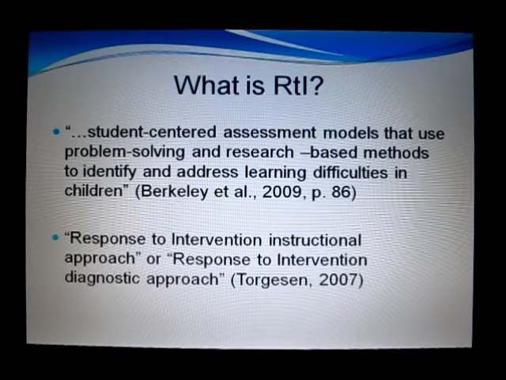He also stated that response to intervention could be viewed from a diagnostic approach, which is where we look at it as a means of qualifying students for special services.